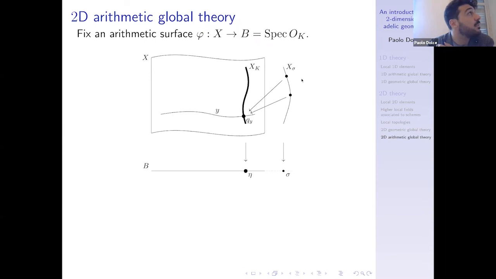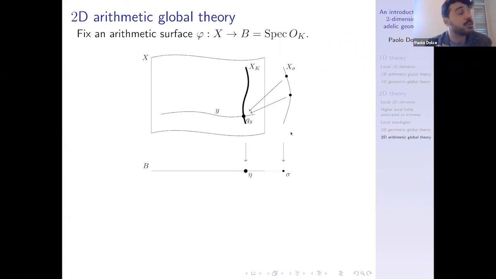These fibres at infinity are obtained by, let's say, the base change of this scheme along the embedding sigma into the field of complex numbers. So to be clear, this curve is a smooth Riemann surface. Okay, it's a Riemann surface.